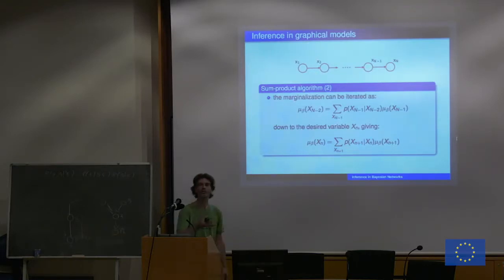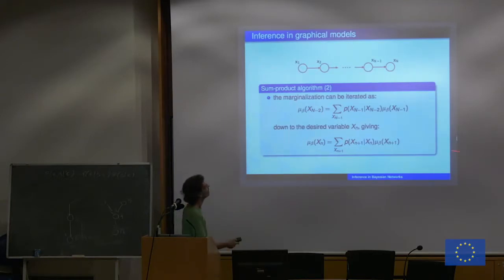What are the pieces of the joint probability which depend on xn minus 1? What I just computed, plus P of xn minus 1 given xn minus 2. I'm going back in the chain. Now I multiply these two things. I sum over xn minus 1. There is nothing before which also depends on xn minus 1, so I can forget about what's before.